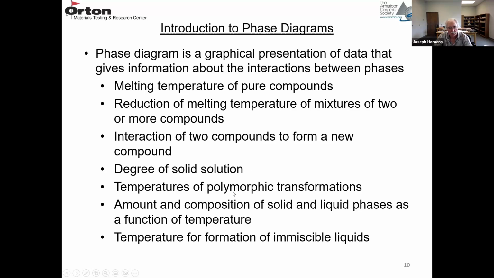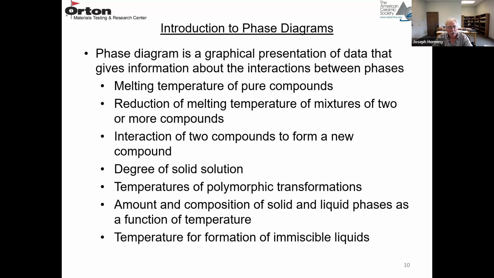You can get the temperatures where polymorphic transformations take place that we talked about, displacive and reconstructive transformations. And you get the amount and composition of both solid and liquid phases as a function of temperature. And if you have two immiscible liquids, you can get the temperature where they form.